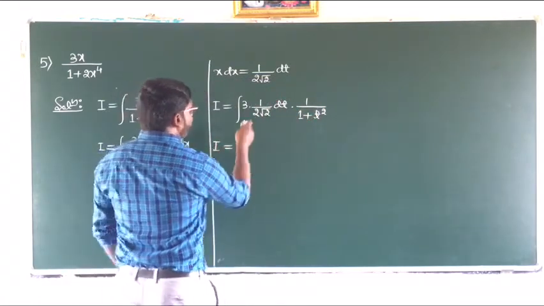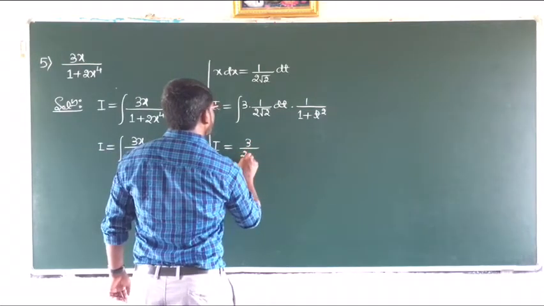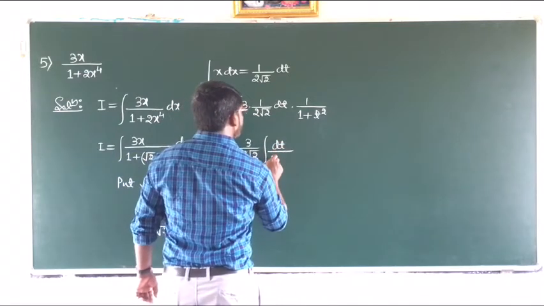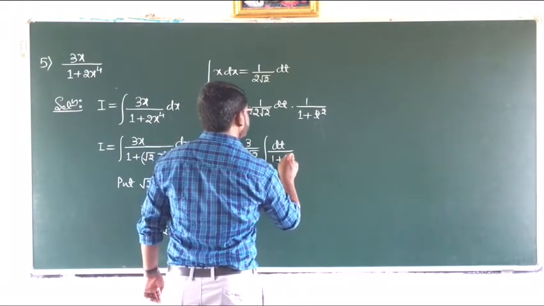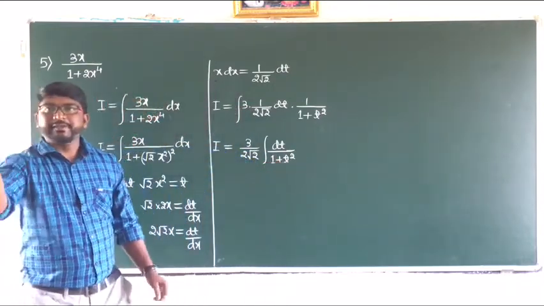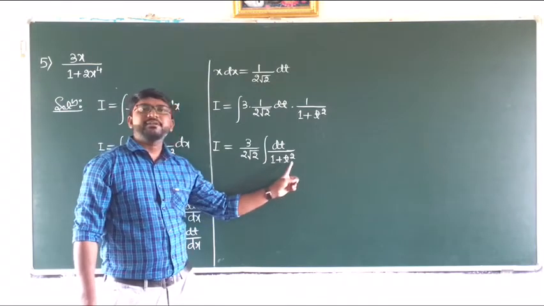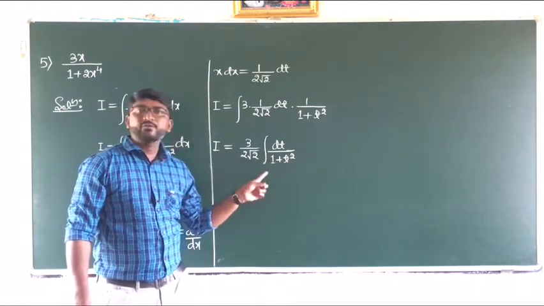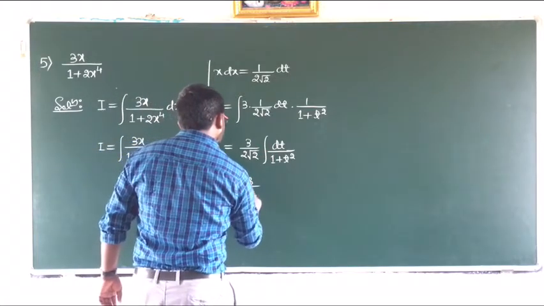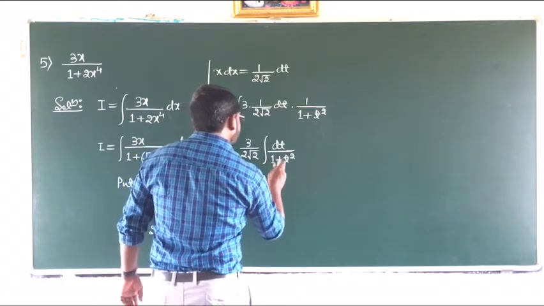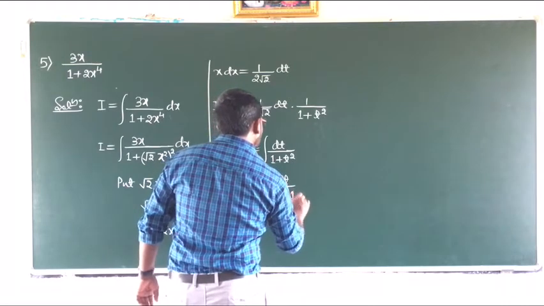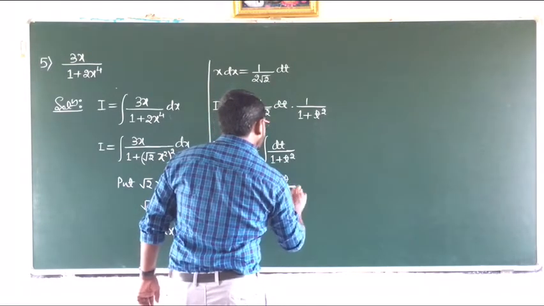I take 3 divided by 2 root 2 outside. Then this becomes integral dt by 1 plus t square. Now this is in the form of integral dx by x square plus a square. 1 plus t square is nothing but t square plus 1, and 1 can be written as 1 square. So I is equal to 3 divided by 2 root 2 integral dt by t square plus 1 square. This is in the standard form now.